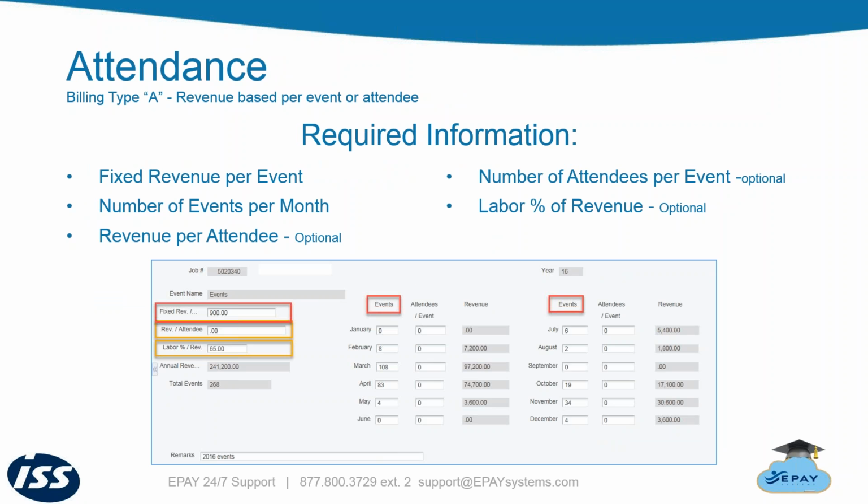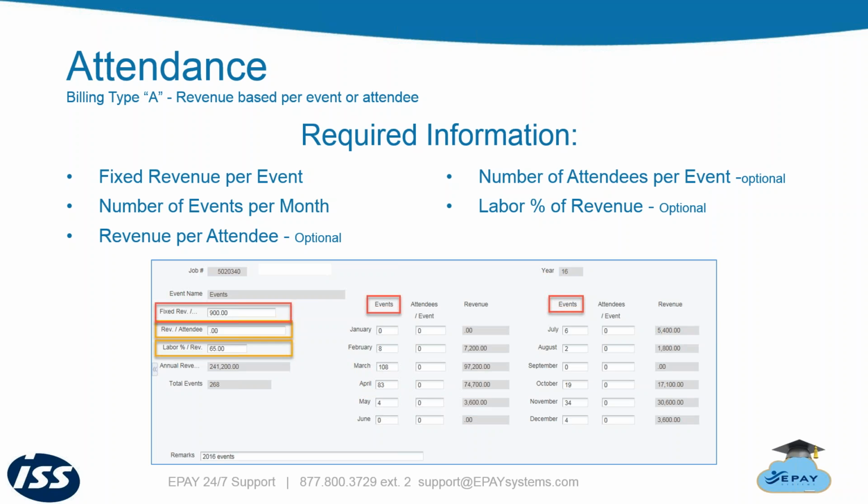Now, if you have an attendance-based job or a billing type of A, which is revenue based per event or attendee, the required information is going to be your fixed revenue per event, and of course the number of events per month.